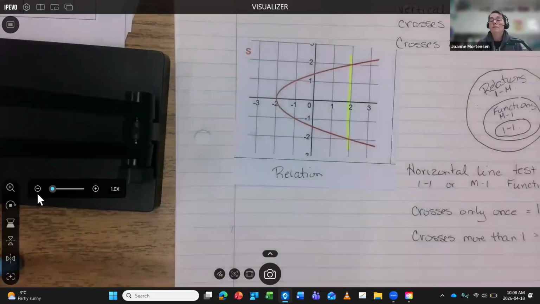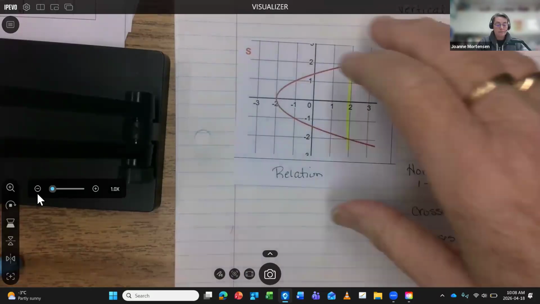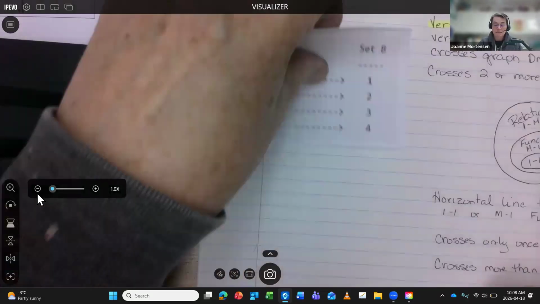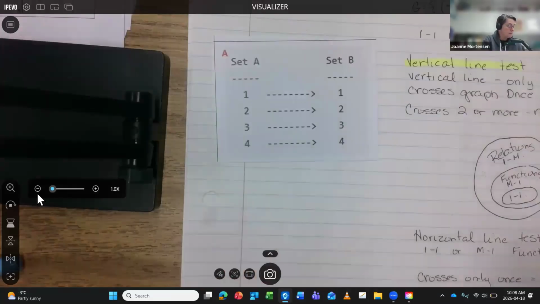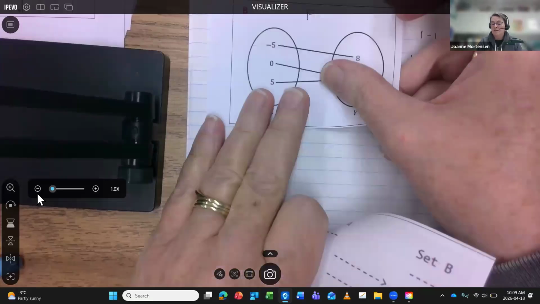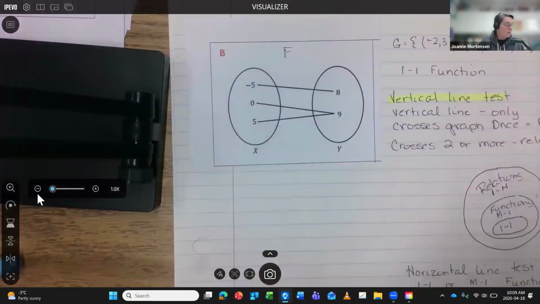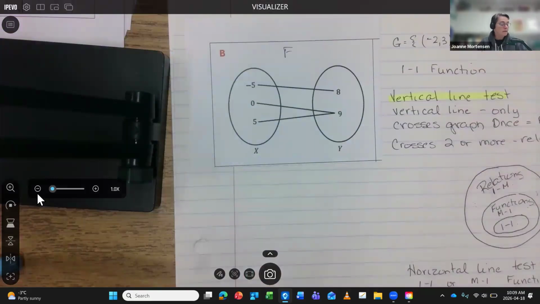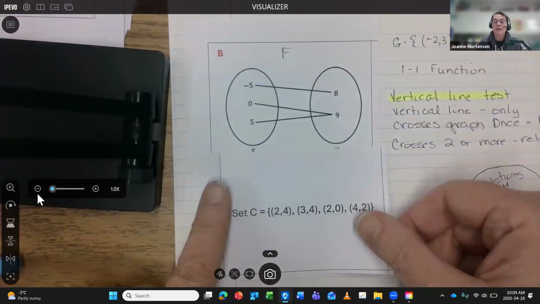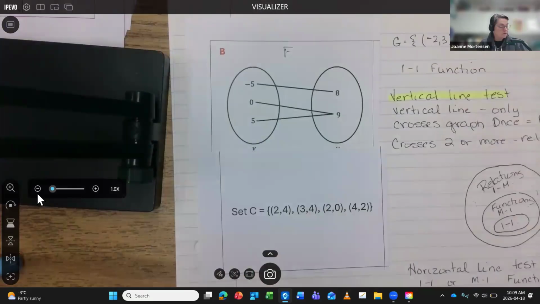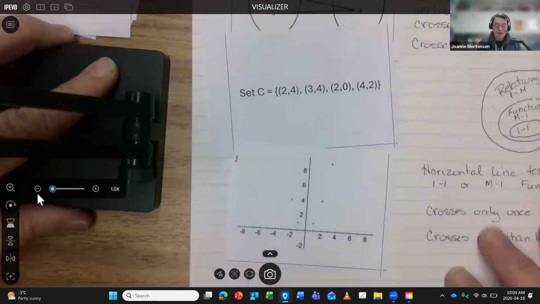ta-da! You now should be able to organize whatever I give you, whether it's one of these. So, use the pretty one. These make me happier. ChatGPT doesn't always make me happy. Whether it's a mapping diagram, whether it's a set of points, whether it is, I'm going to call that a scatter plot.